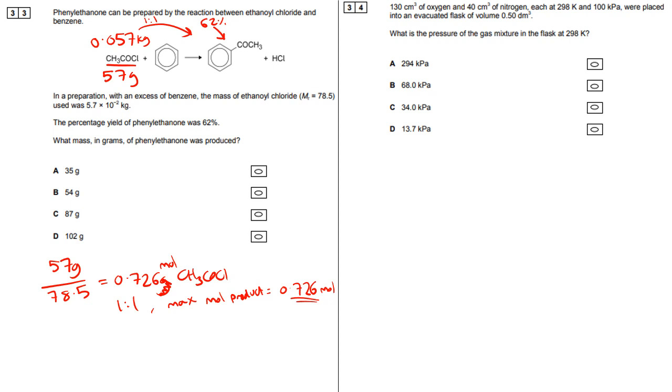What's that if it was a mass? So what is the theoretical or the maximum mass of the product that we could make? So the maximum moles is 0.726 times by the MR. So you need to work out the MR of phenylethanone, which is 120. So 0.726 times by 120.